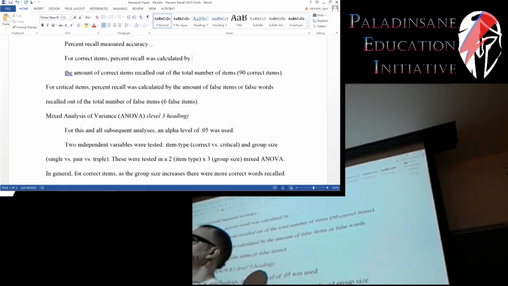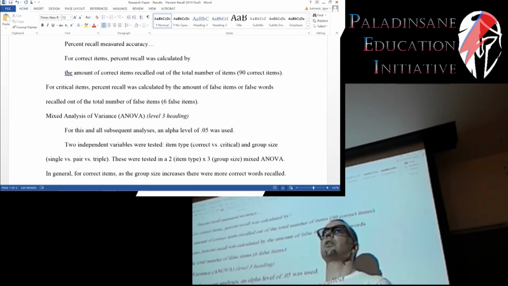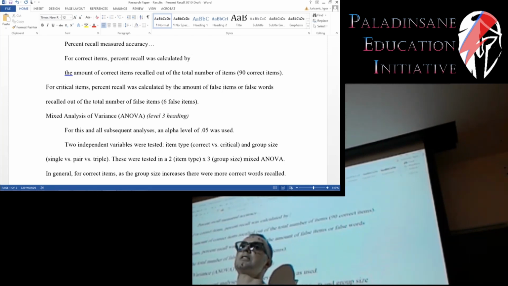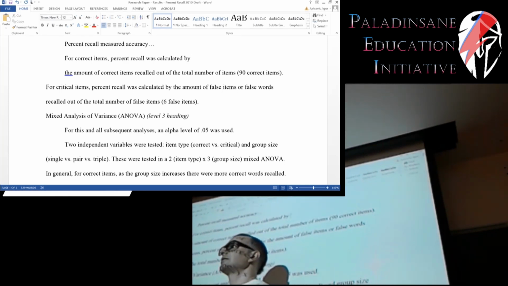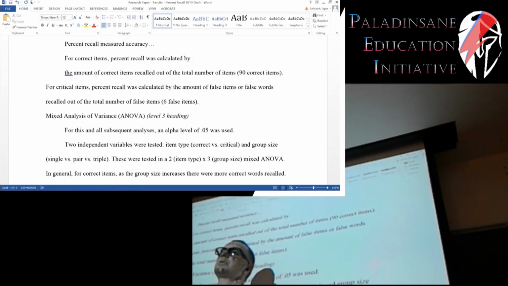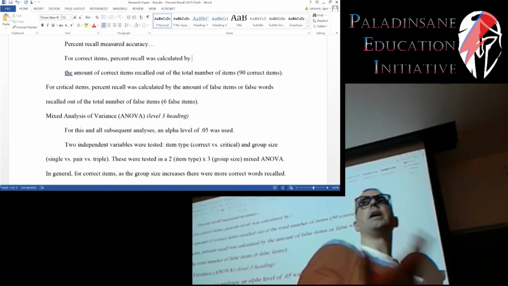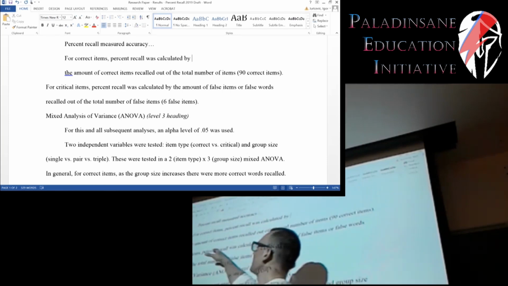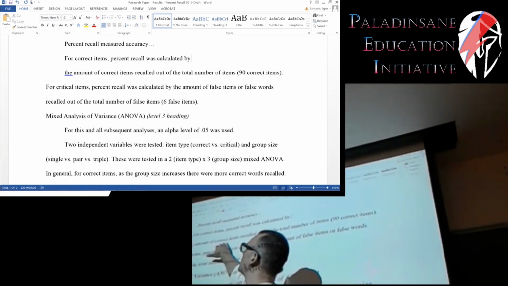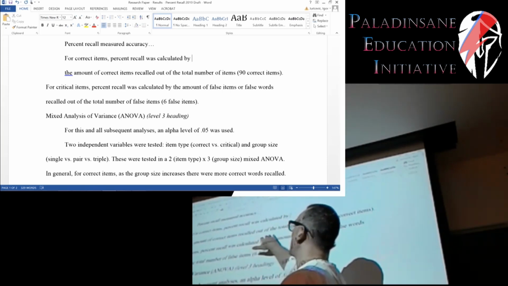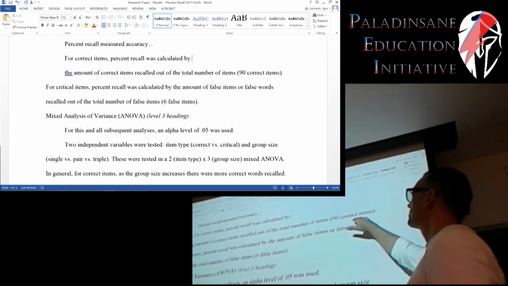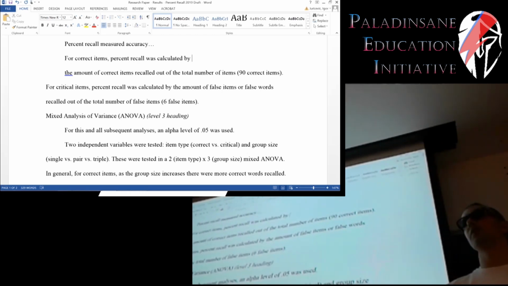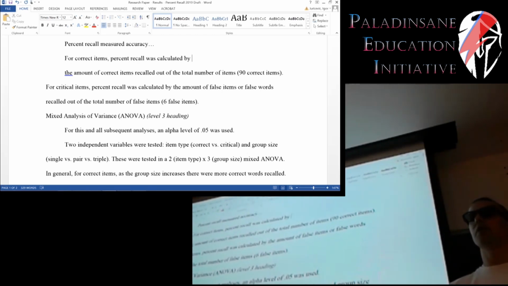So if you were to tell this individual, to calculate percent recall, take this and do this, what would that be? Because if you tell somebody, I want you to calculate the amount of correct items recalled out of the total number of items, 90 correct items, that could be confusing. How can we make it more explicit?